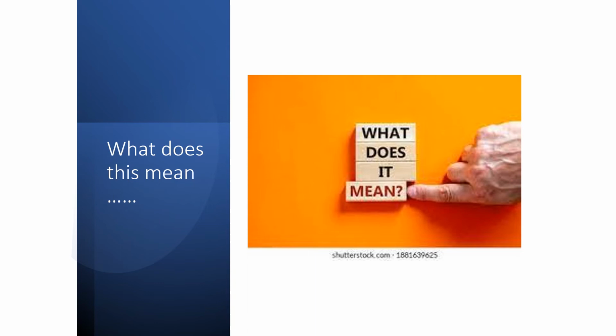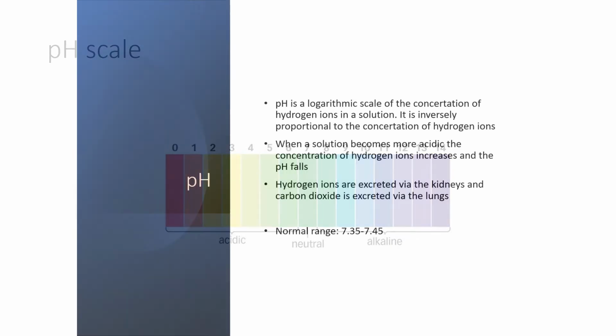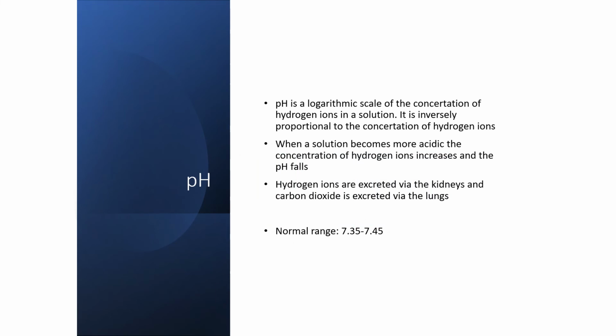So again, going back to GCSE chemistry or something like that, or even before that, in terms of pH scales, neutral being pH 7, anything above is alkaline, anything below is an acid. So in terms of arterial blood gases, the pH is just a scale that represents the concentration of hydrogen ions in a solution.